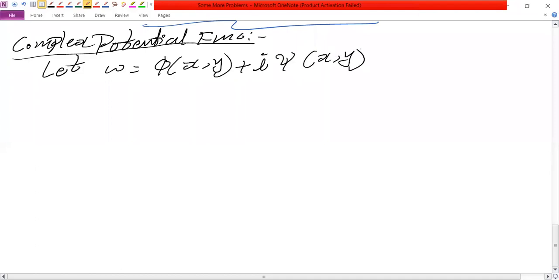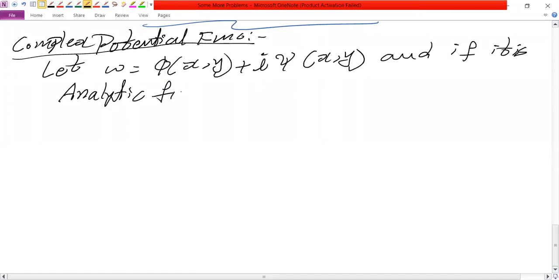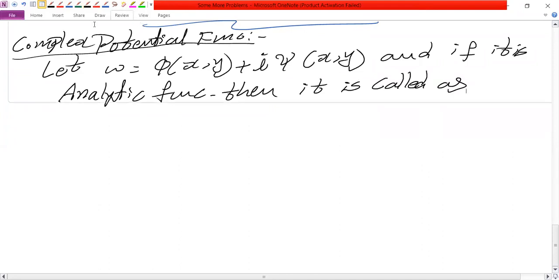And if it is an analytic function, then it is called a complex potential function.